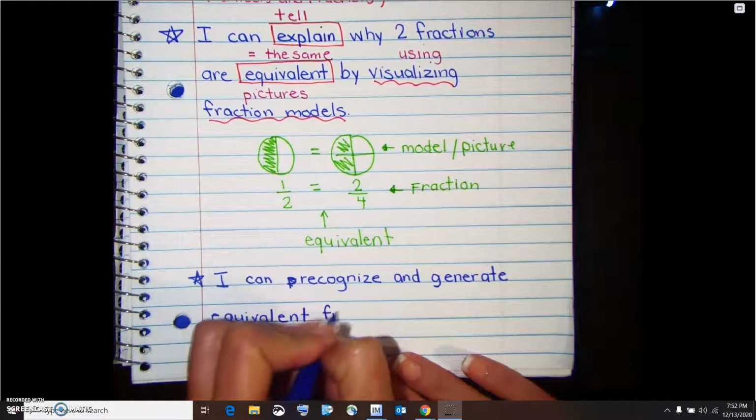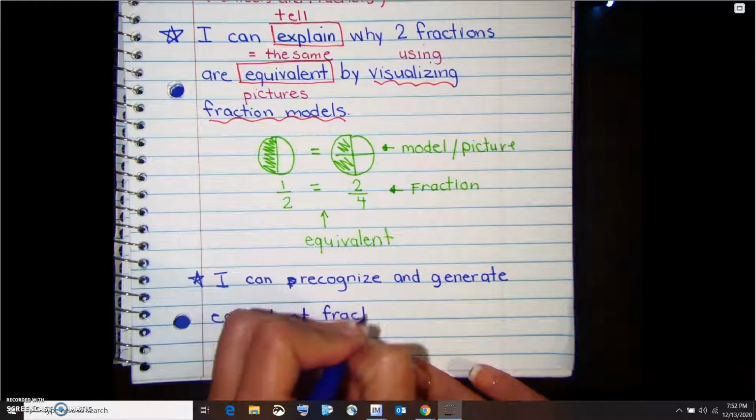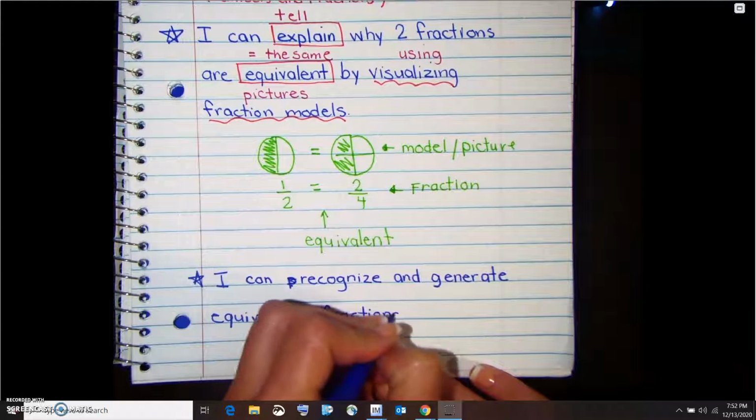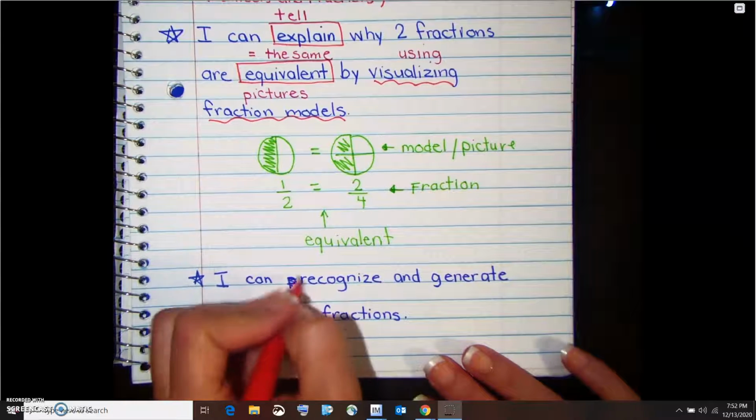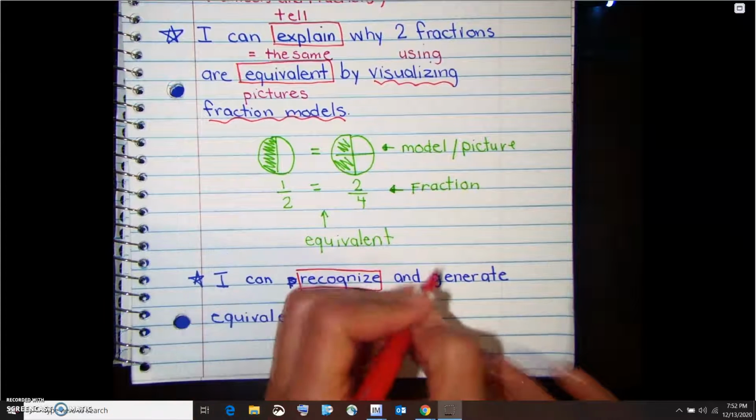So by the end of this unit, these are the two things that I want you to be able to do. Recognize and generate.